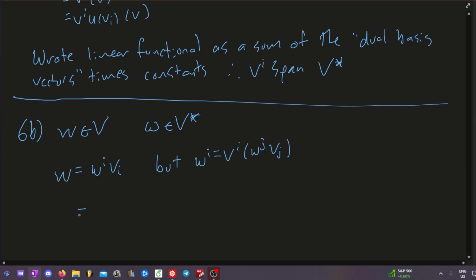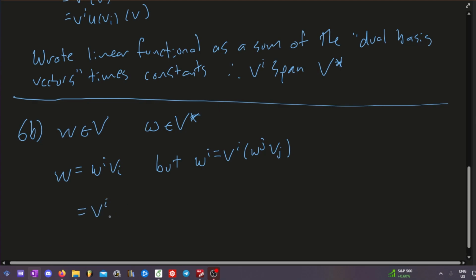So therefore we get here v^i(w^j v_j) v_i. And then we notice that what's in the brackets here is just w, so we get v^i(w) v_i, where there's an implicit sum over the i's. I'm using Einstein summation notation, so I'm not putting the sums there explicitly like Wald does.